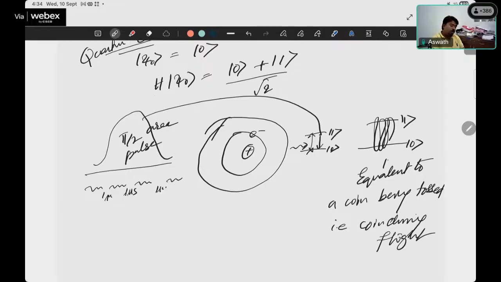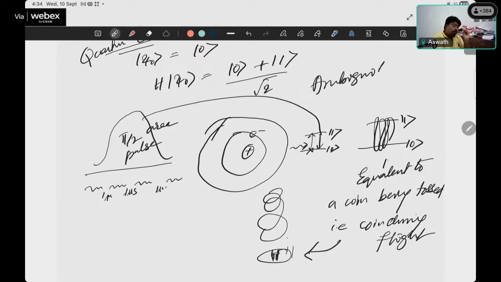If you take a head and tail coin and it is tossed, it exists in a flight state. That is what I mean. So quantum superposition is going to have ambiguity, confusion, meaning I am not certain whether it is this or that. I don't know whether it is this or that.